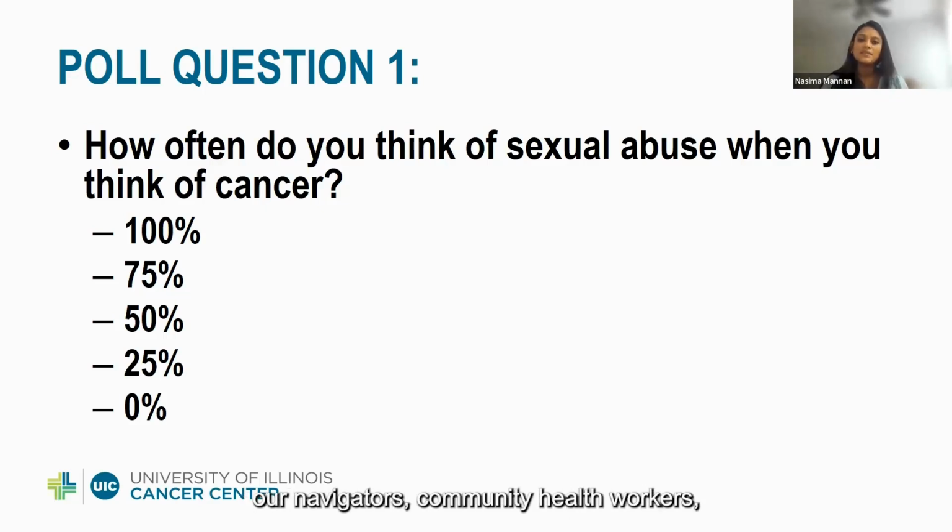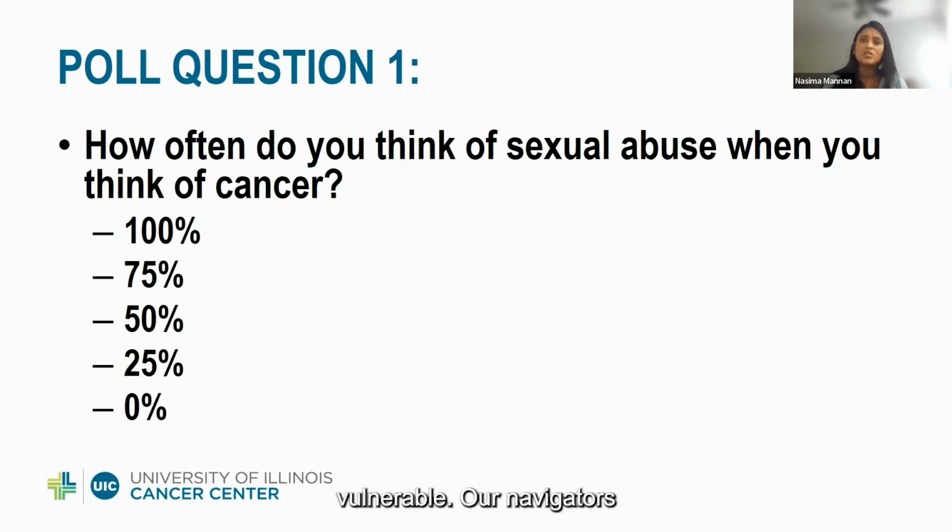This is where our navigators, community health workers, and social workers play a role in building that trust with these individuals, and discussing and being there for them during the screening process. Our navigators and social workers play a key role in connecting and processing. We have had navigators sit in on appointments with our patients, just to help them overcome their fear, build trust, and be there for them at a time when they're feeling vulnerable.